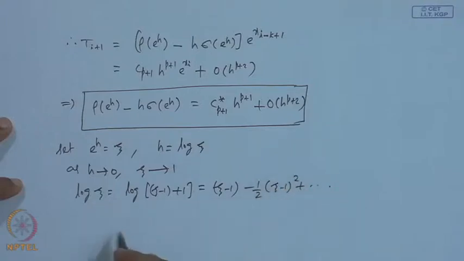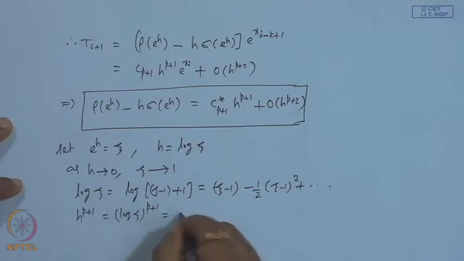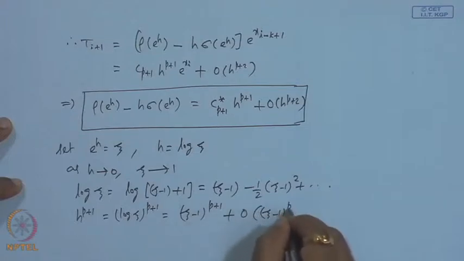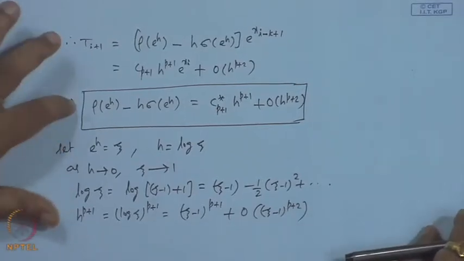Okay. Further, h power p plus 1 is log zeta. Okay. So, now these two we use it here.